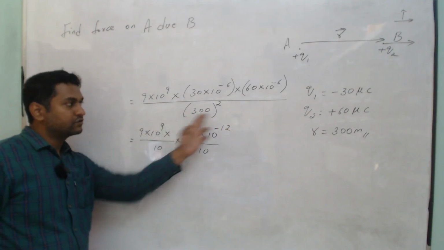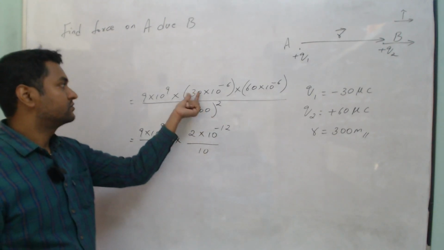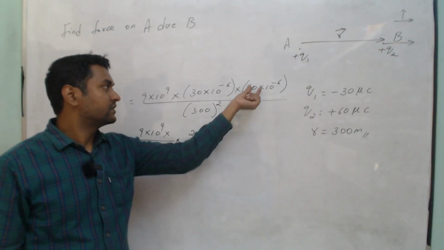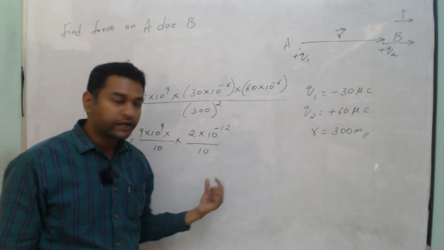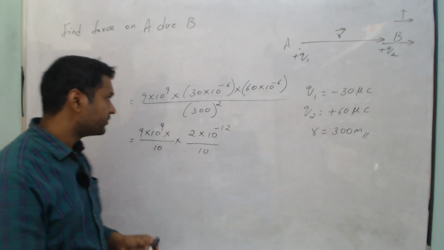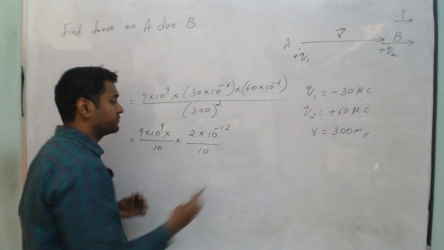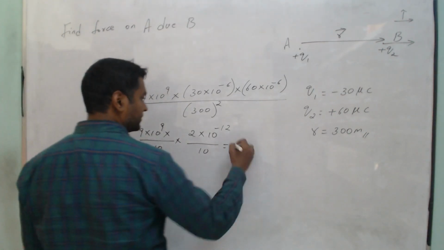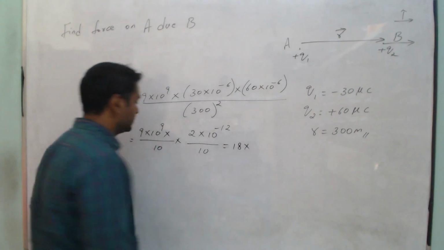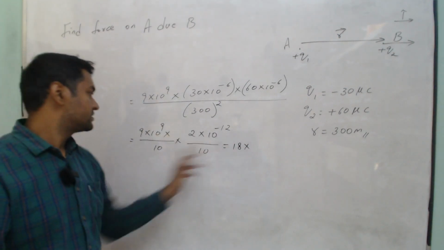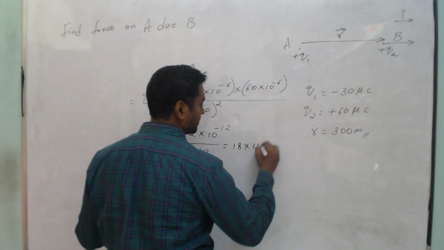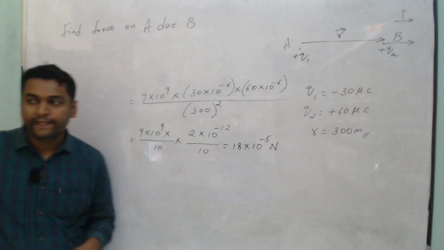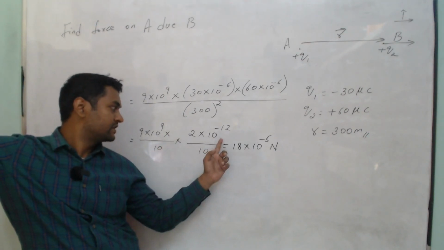So 30 by 300 will be 1 by 10, and another 60 by 300 will be 2 by 10. And 10 power minus 6 into 10 power minus 6, I am doing it as 10 power minus 12. So 18 into 10 power minus 3 newtons, correct? Yes, sir.